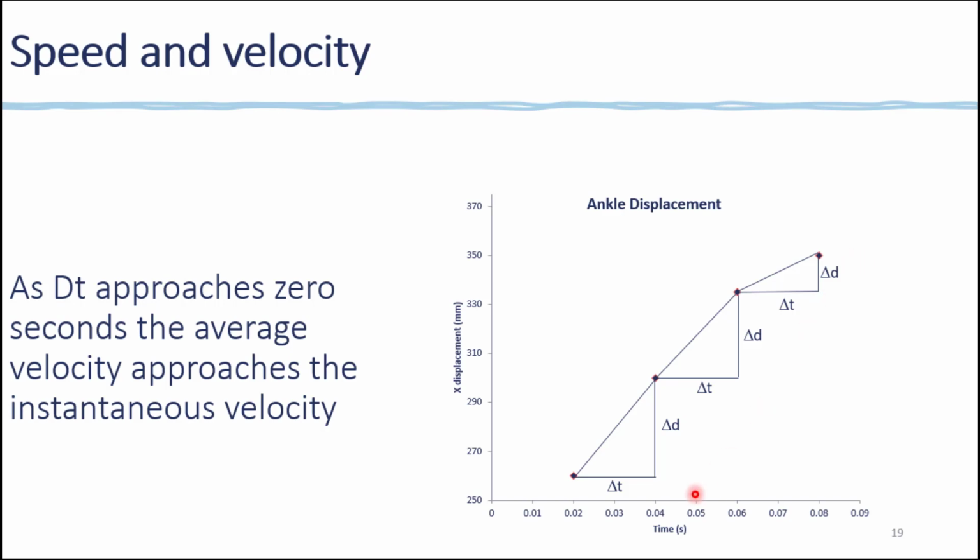However, each step on the graph here shows a different velocity calculation. So the change in time for each of these steps here is 0.02 seconds, which is really close to instantaneous. So basically, what you can get from this is that as delta t approaches 0 seconds, the average velocity approaches the instantaneous velocity.